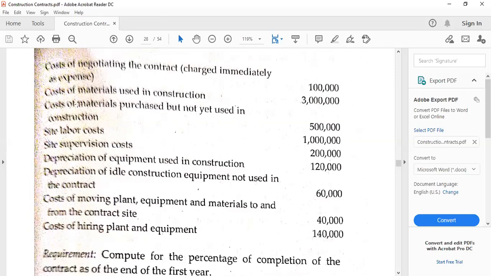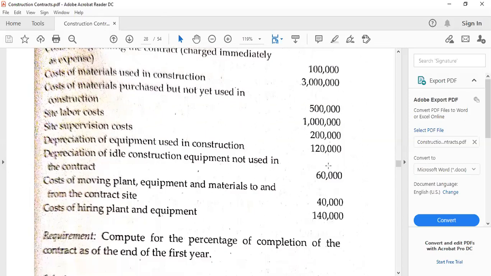Then take note that these are the costs that are actually used for the construction of the asset. So the 3 million pesos purchase would be X because they are not yet used in the construction. Site labor is check, site supervision, check, depreciation of equipment used for the construction, check; not used, X. Idle, by the way, means excess or not utilized or not used construction equipment.